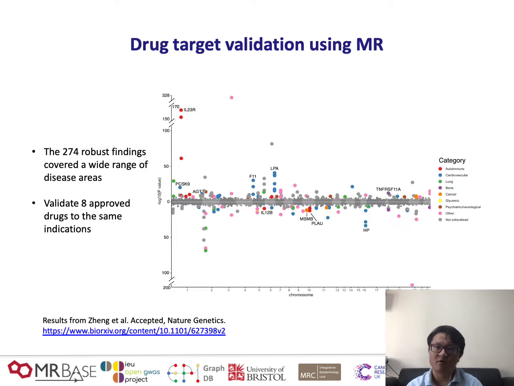This large-scale Mendelian randomization study identified over 200 robust protein-disease associations, which covered a wide range of disease areas, including psychiatric diseases, cardiometabolic diseases, autoimmune diseases, and cancers. This analysis also validated 8 approved drugs for the same indication being investigated in existing clinical trials.